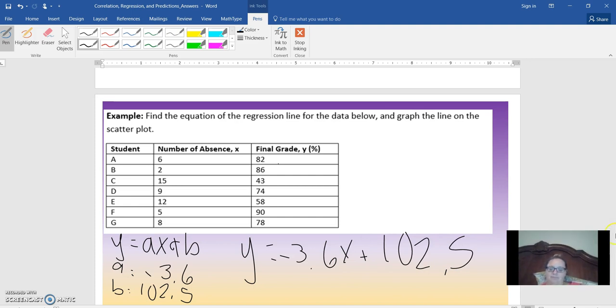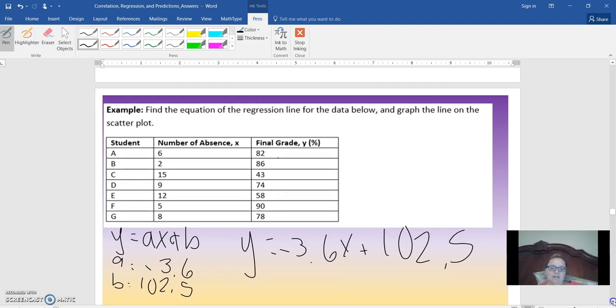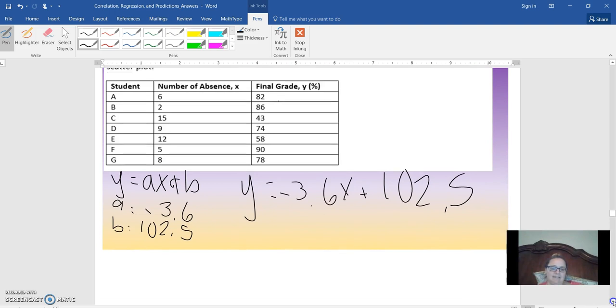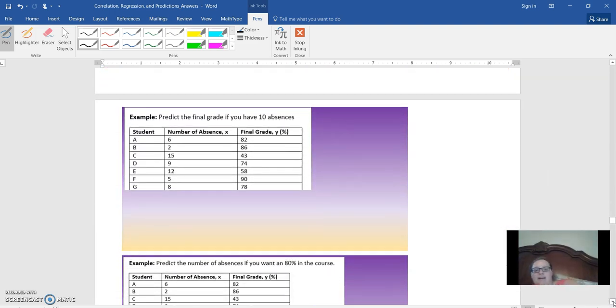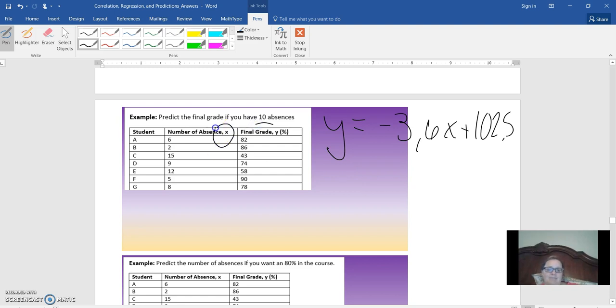That's the equation. And so we can use that equation, once we've established it's significant, to predict things. And so we had y equals -3.6x plus 102.5. All right, and so we want 10 absences, and absences is x.